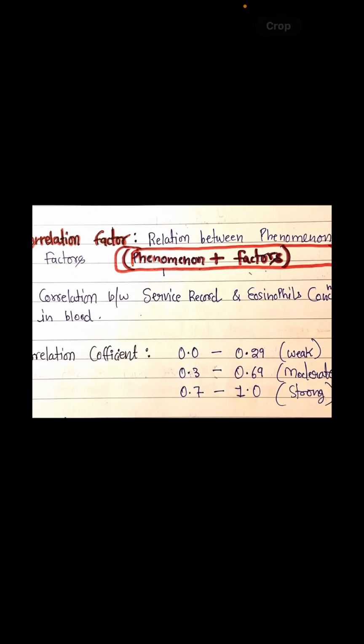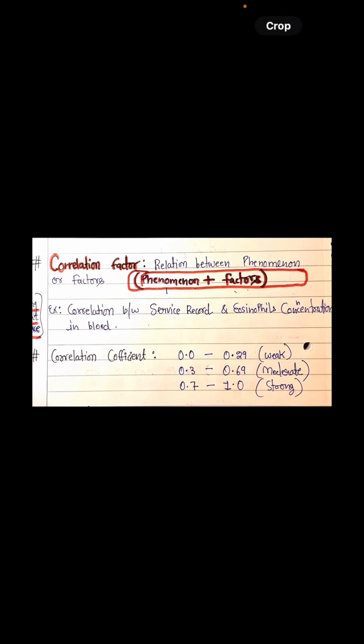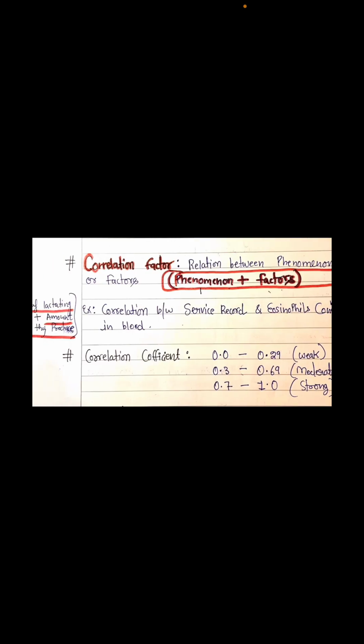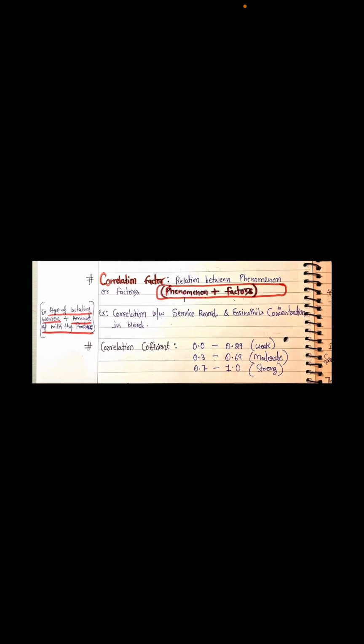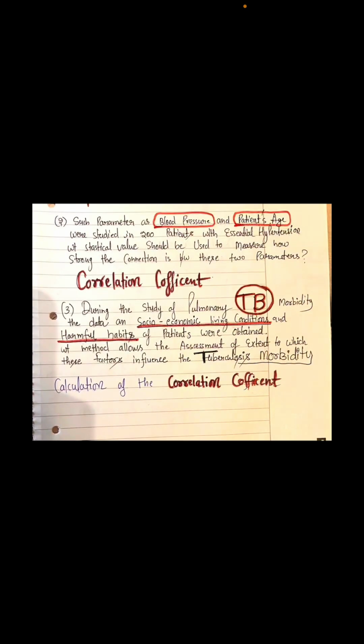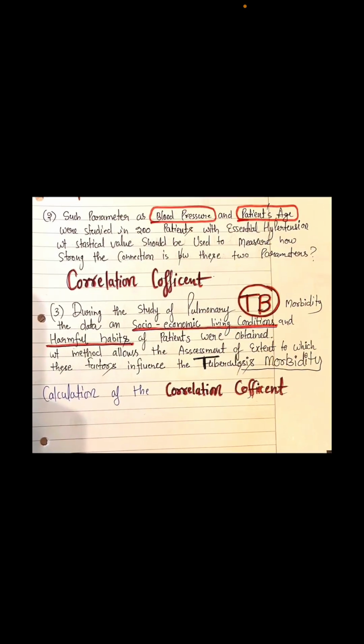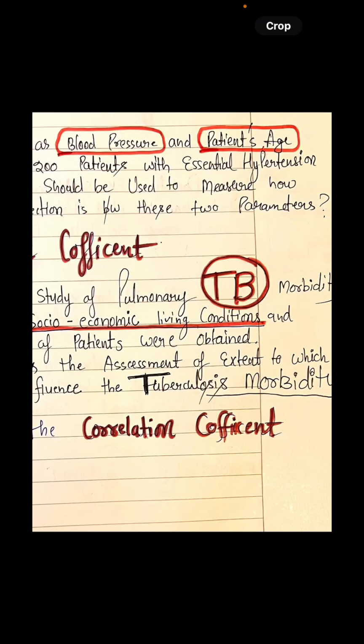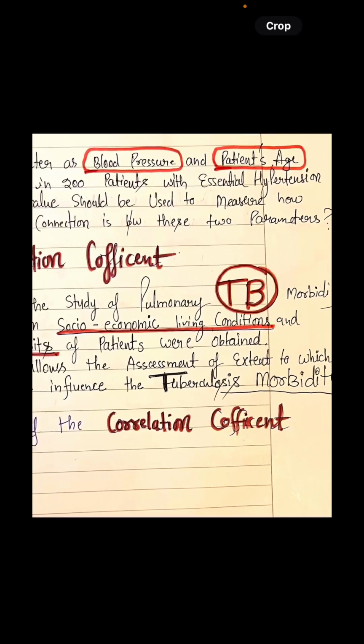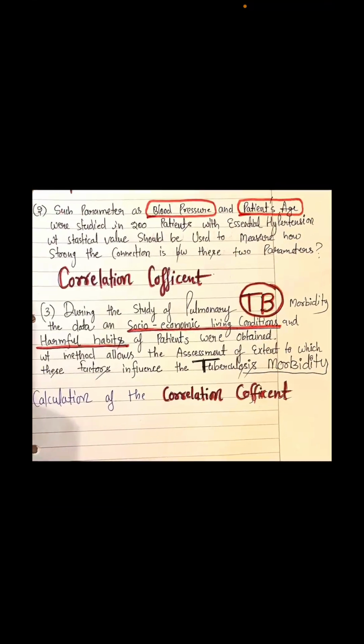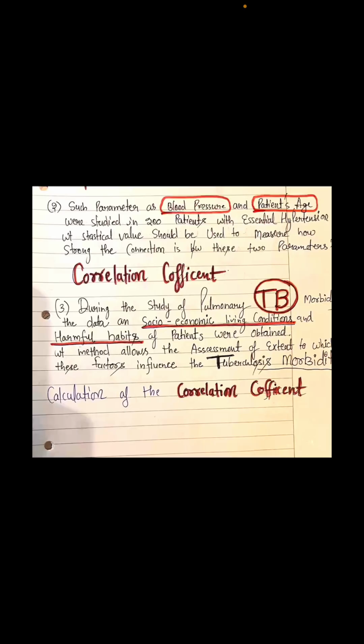Here are the values of the correlation coefficient, showing it as weak, moderate or strong. I haven't seen any question over it, but the main important question which I have seen is they ask about the relation between blood pressure and the patient's age. Which parameter do we need to calculate for blood pressure and patient age? The correlation coefficient: patient age is the factor, and blood pressure is the phenomenon.